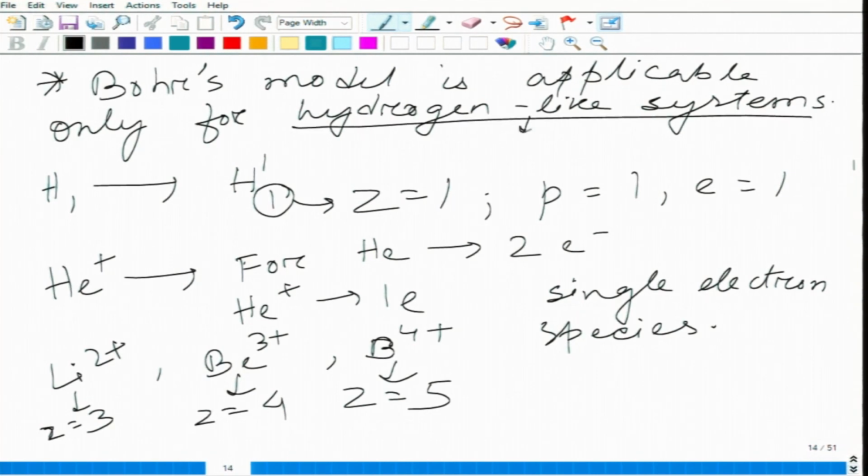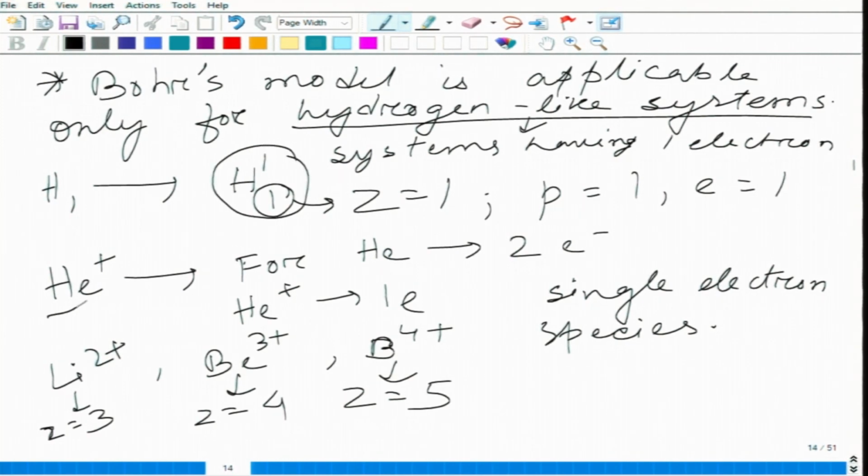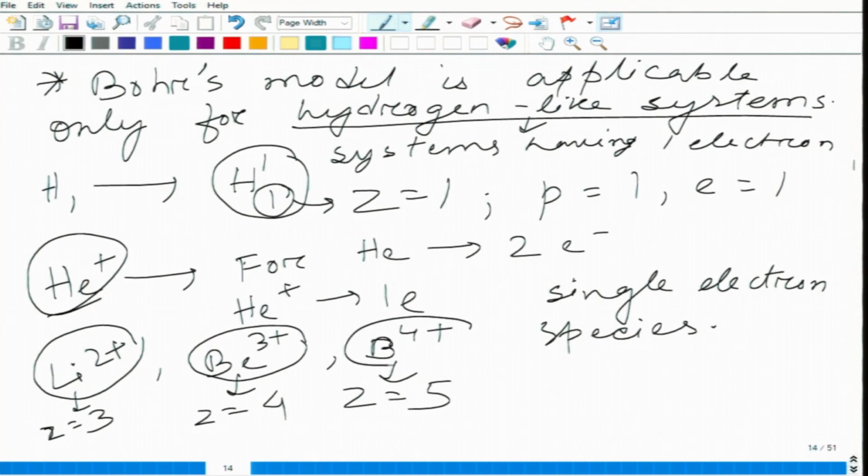Hydrogen-like systems means systems having one electron. So, Bohr's model is applicable only for single electron systems such as hydrogen, helium plus, lithium 2 plus, beryllium 3 plus, boron 4 plus, etc. Single electron species.